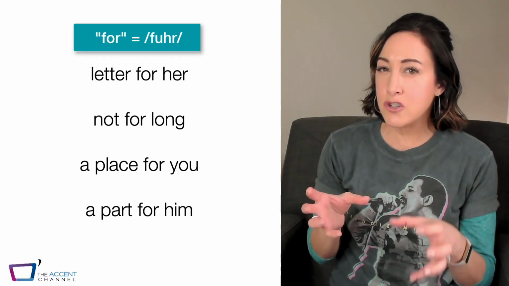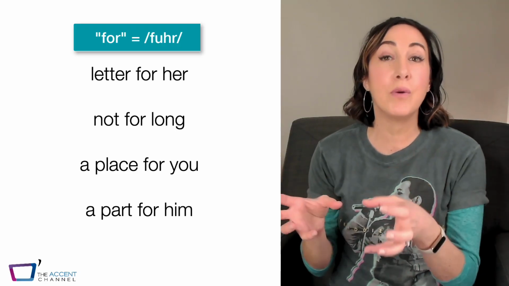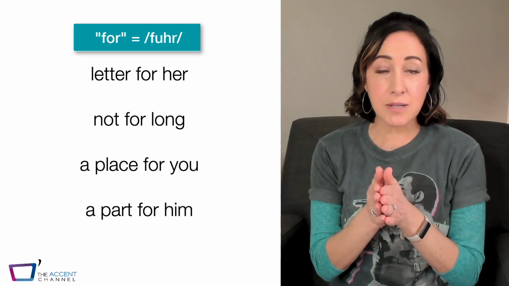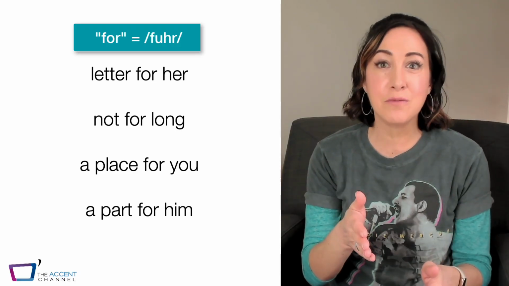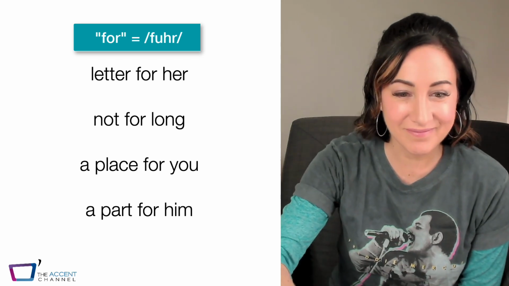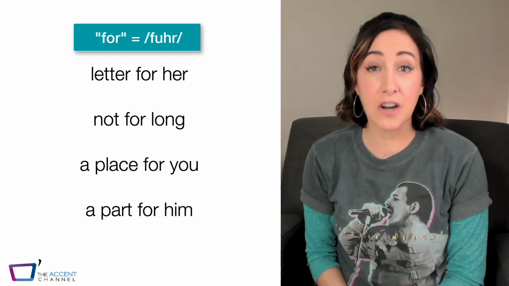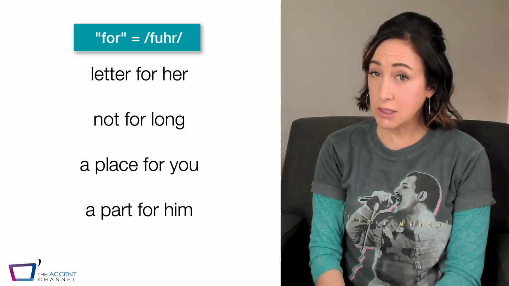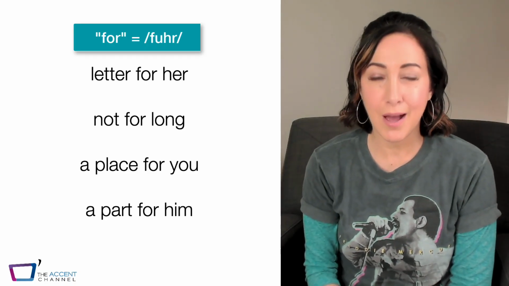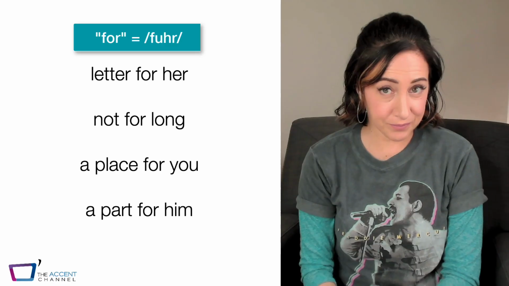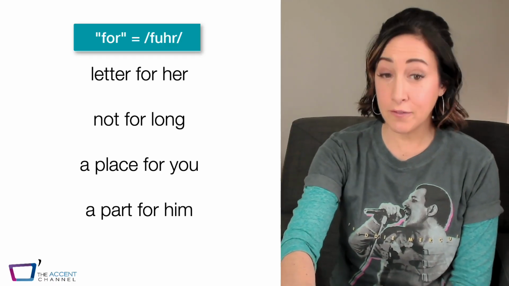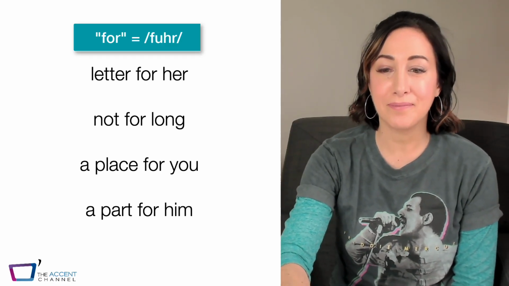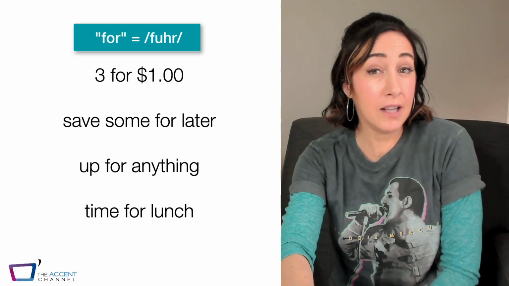Really find that contrast between strong and weak syllables. I'm going to model the phrase. Just repeat after me. Let's do it. Letter for her. Not for long. A place for you. A part for him. 3 for $1.